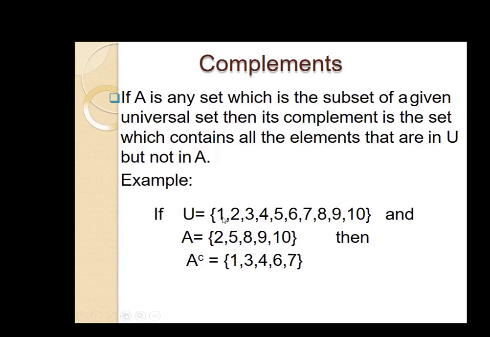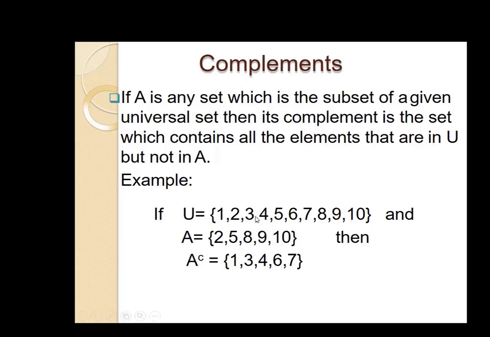Now 1 is present in U, it is not present in A, so it will come over here. 2 is present in U, but it is also part of A, so it is a common element and will not come in the complement set, right?